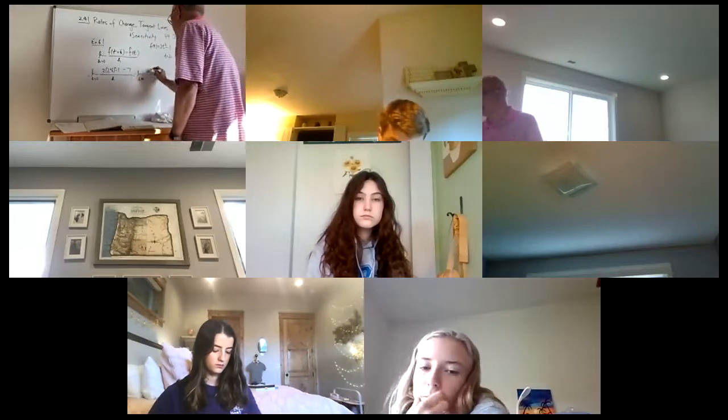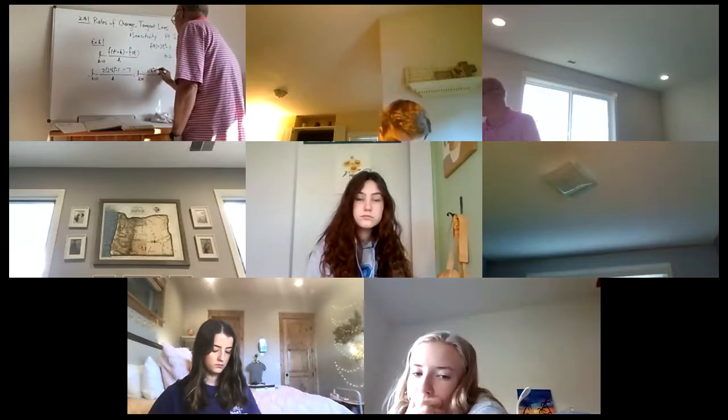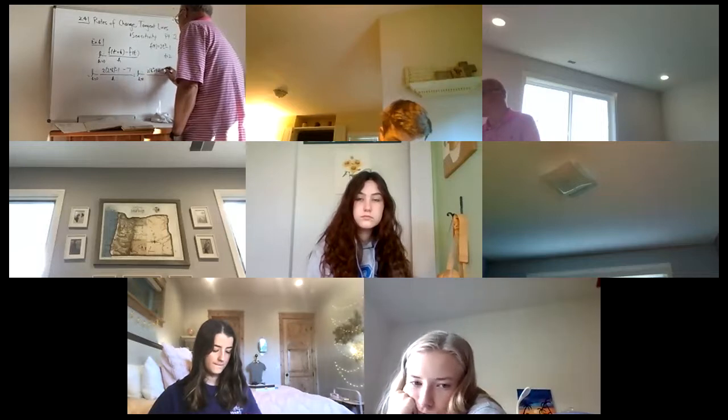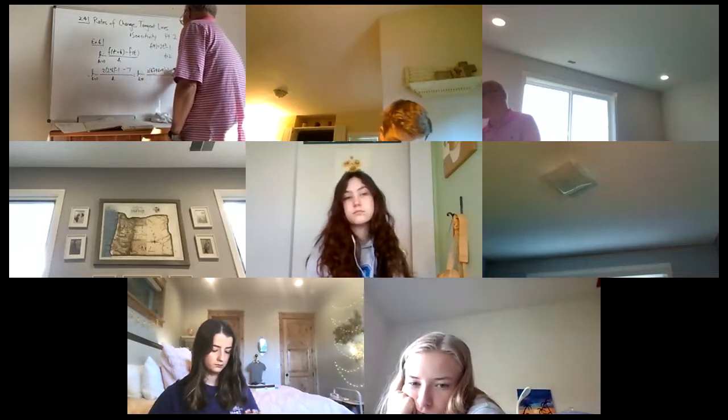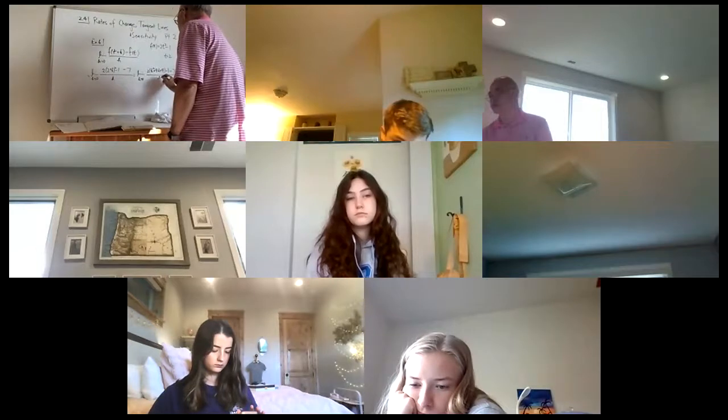So we get the limit as h approaches 0. What do I get? I get 2h squared plus 4h plus 4 minus 1 minus 7, over h.